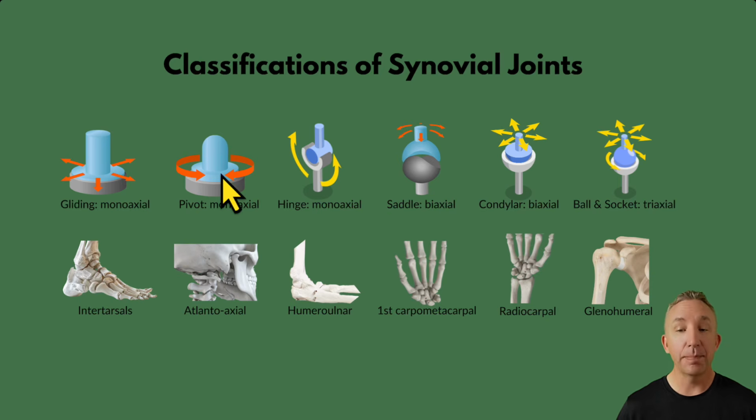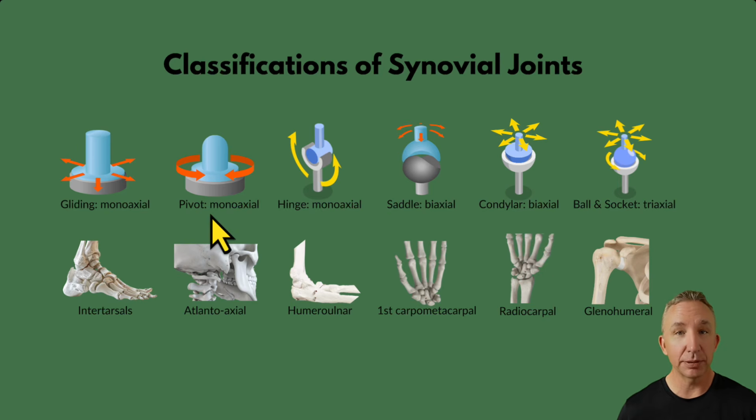When I look at a pivot joint, it is also on one axis, uni or monoaxial, and it's typically when you have a rounded portion of the bone within a ring that's partially articulated with another bone. The best example is our atlas to our axis, my first two cervical vertebrae, C1 and C2.